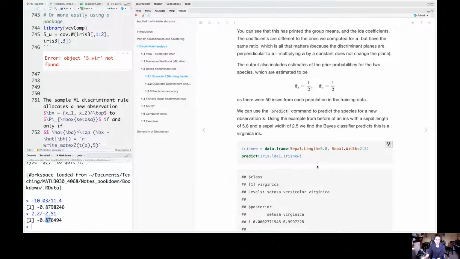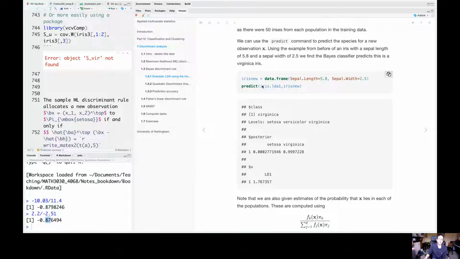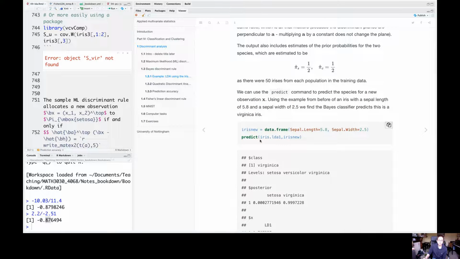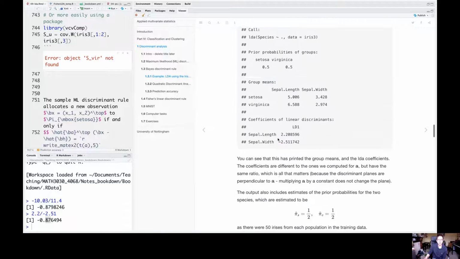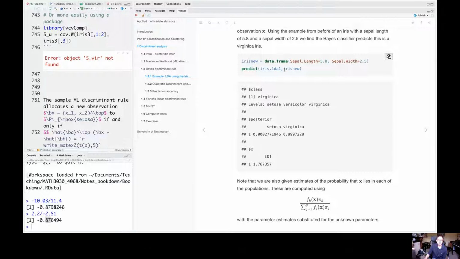We can also make predictions here using R. To predict, we use this predict command. We have to pass in our LDA fitted object, which is called iris.lda1 here, because that's what I called it when I did the command up here. Then I have to pass in the value of X I want to predict for, and you have to pass that in as a data frame.